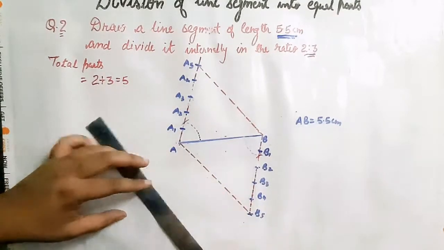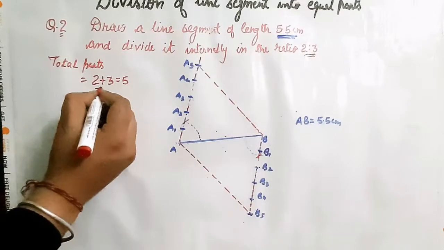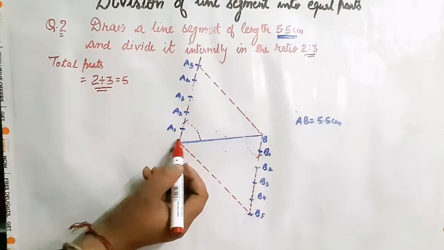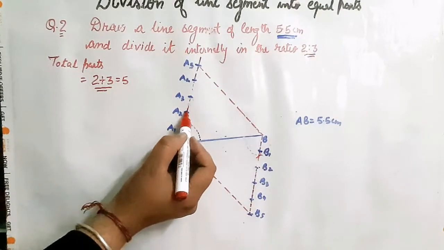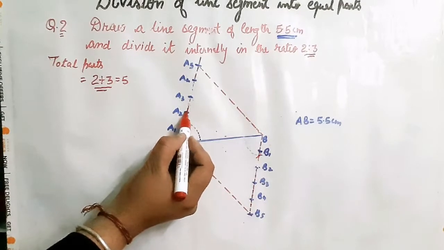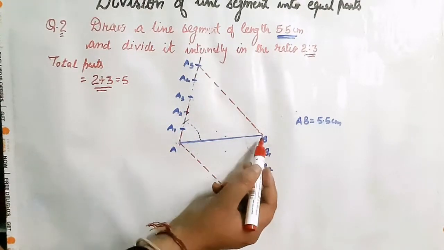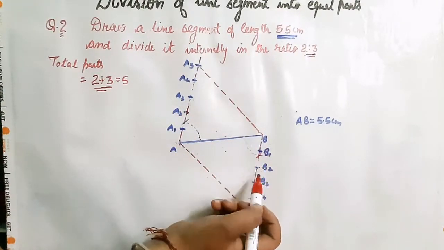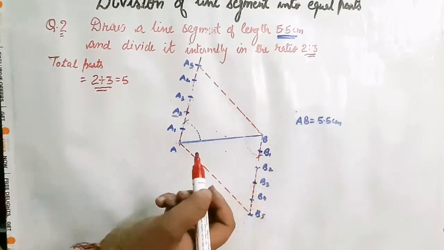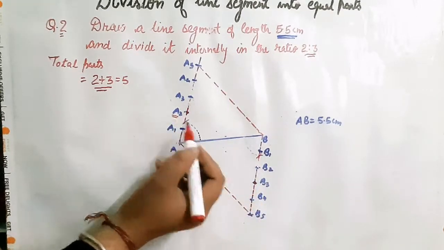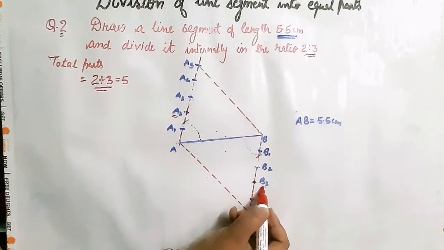Now you have to divide in 2:3. So, two parts from the arm of angle A and 3 parts from the arm of angle B. Simply, we have to join A2 with B3.